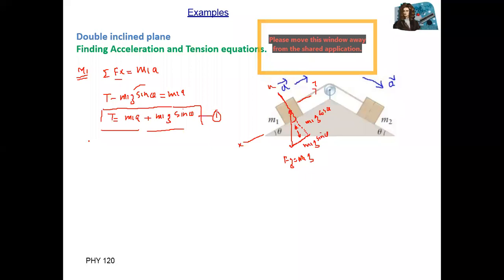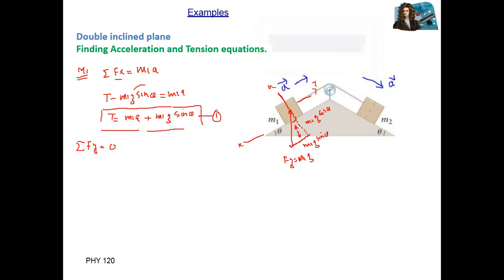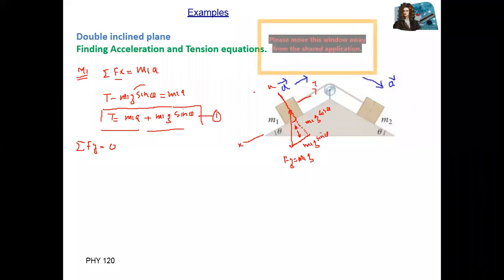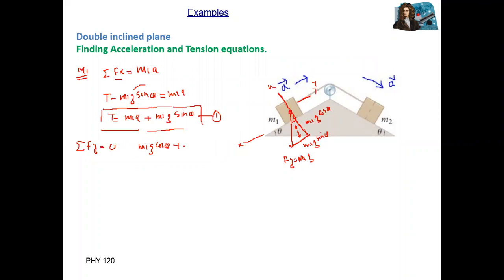Now, sum of all forces along the y-axis equals 0 because there is no motion along the vertical axis. One is the normal force, the second one is this component, which is downward, m1g into cosine theta.